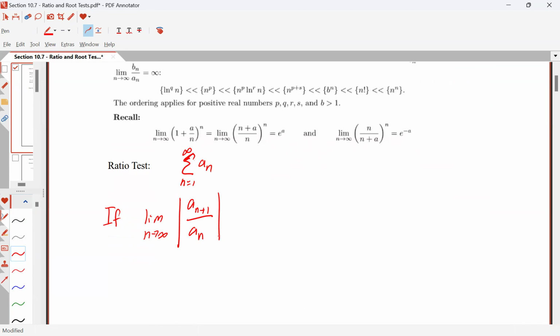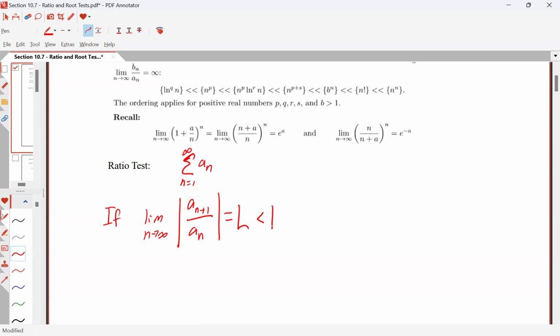That limit's going to come out to some value, assuming this test is working. And what we're going to compare that limit against is 1.